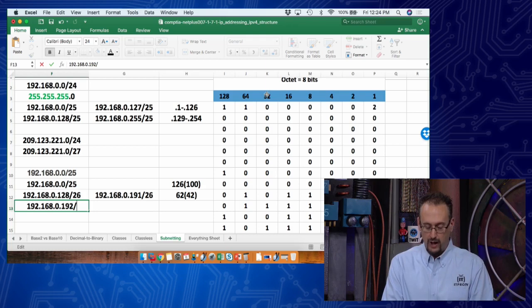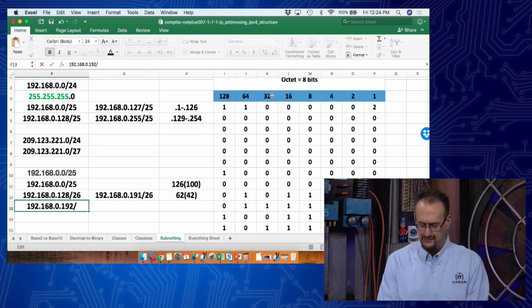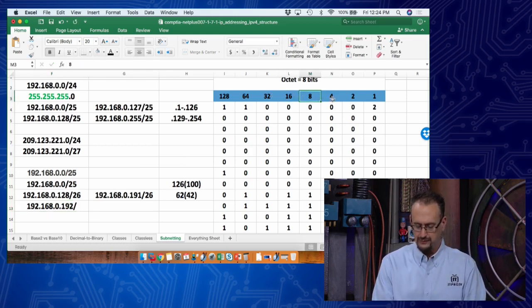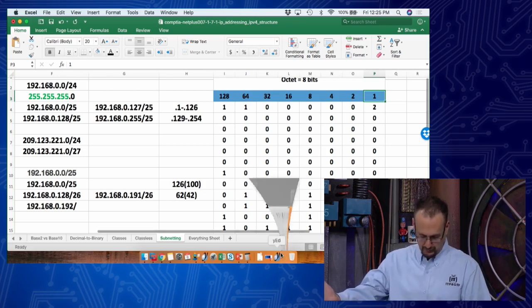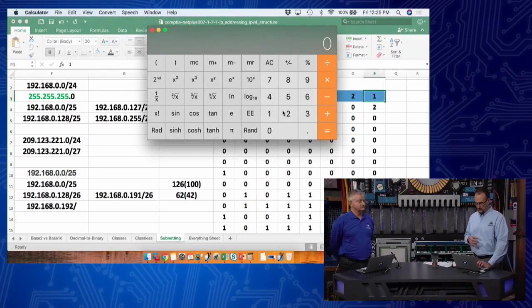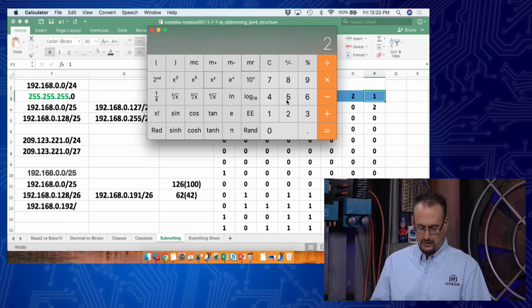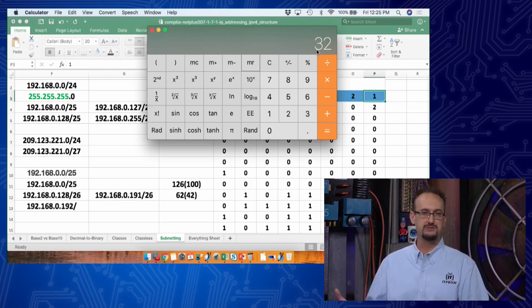I'm going to take a guess here and say I think I need 1, 2, 3, 4, 5 bits, and we did this just before. 32 is what that is. So 2 to the power of 5 equals 32, and minus 2 gives me 30. That's right, 28 fits within that range.